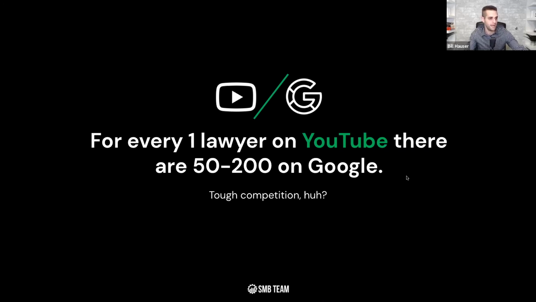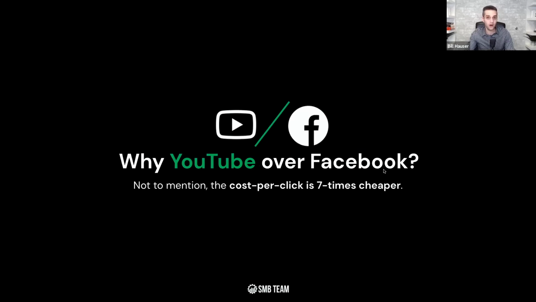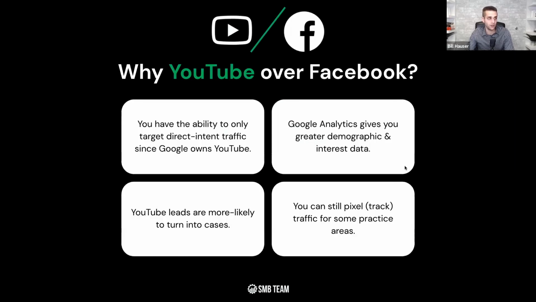So what that means is you have to make sure that you are prioritizing your time on YouTube over things like Facebook, okay? Because it is a direct intent platform, all right? Now, YouTube over Facebook is extremely, extremely important for you to be aware of because of the intent that we mentioned earlier, okay?